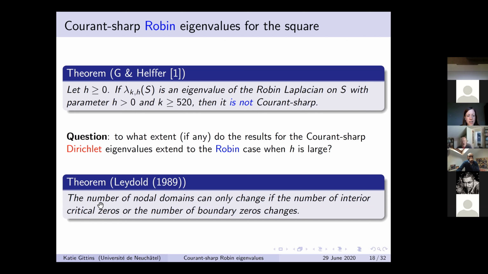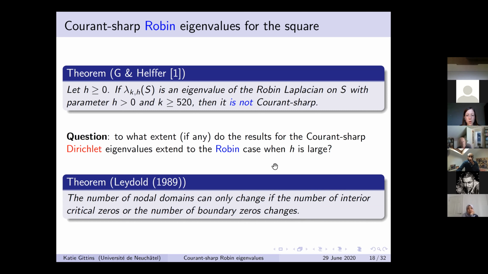And so the idea is that by this result of Nodal, the number of nodal domains can only change if either the number of interior critical zeros changes, or if the number of boundary zeros changes. And by number here, I count how many there are and also the order of vanishing.